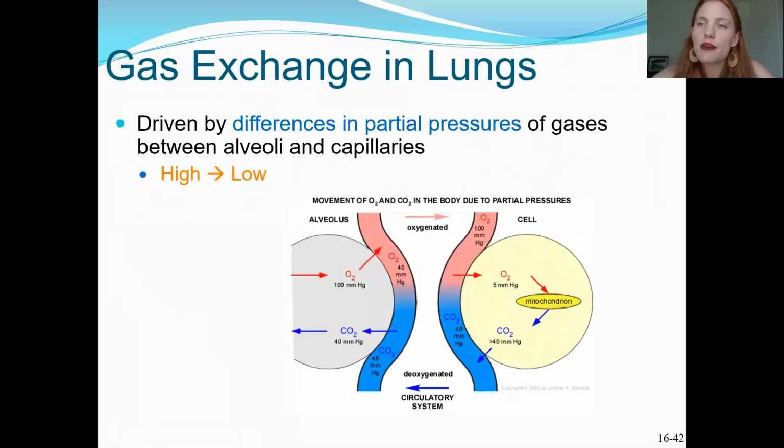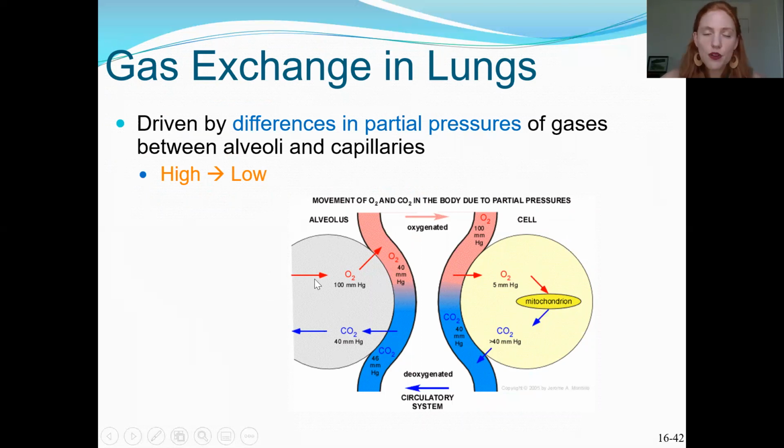So when you're talking about movements of molecules, movements of those little gases, the gases are going to follow their very own partial pressure, okay, not total pressure. And so when you're looking at this picture here, for example, this gray circle stands for the alveoli.